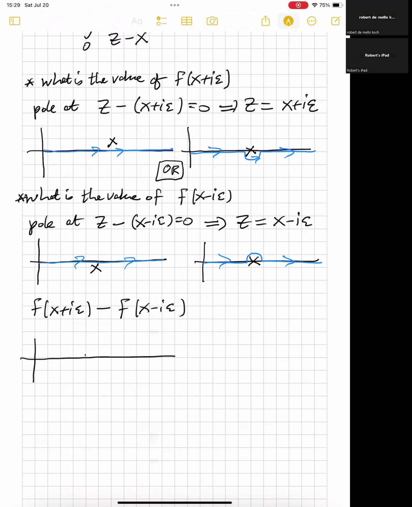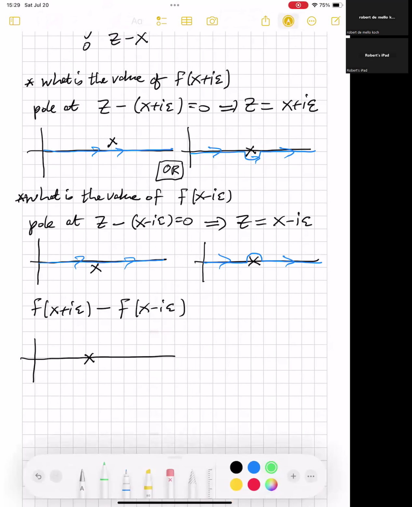Well, so here's the pole sitting over here. So here is the f of x plus i epsilon. Well, f of x plus i epsilon, that's the first picture that we had here. So we integrate away from the origin. When we get to the pole, we go slightly below it, and then we keep going. So that's how we integrate.